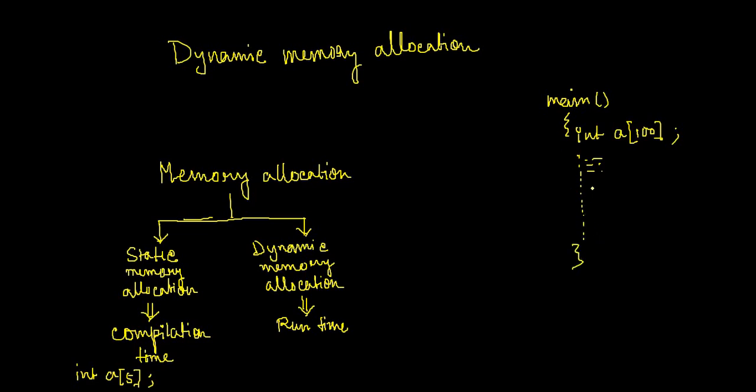Now suppose that you have never used this array A throughout your program, you have just declared it. Since this is static memory allocation, the compiler doesn't care about whether this particular memory location has been used or not. The memory will be occupied for this particular array.